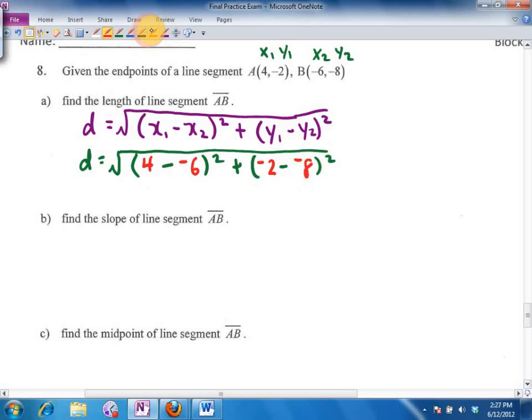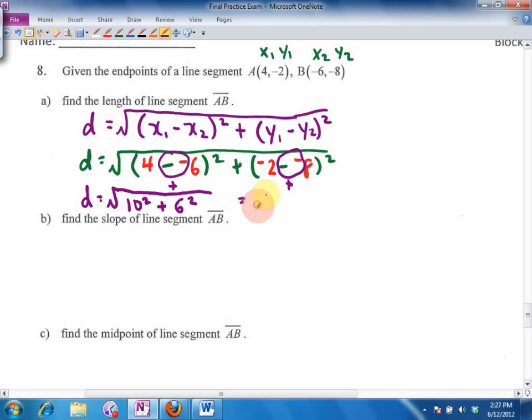Right away I can see that these are going to be a plus. So I'm going to get 10 squared, 4 plus 6 is 10, plus negative 2 plus 8 is positive 6, and that's squared.